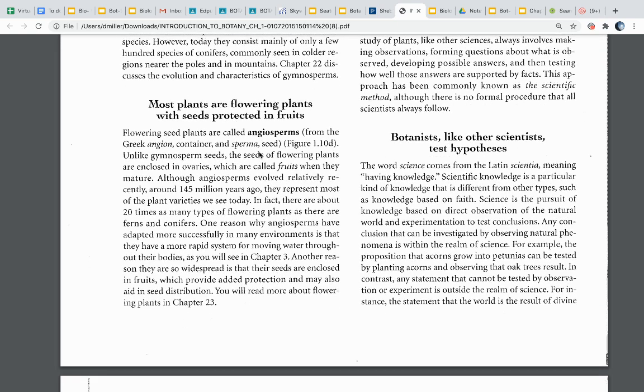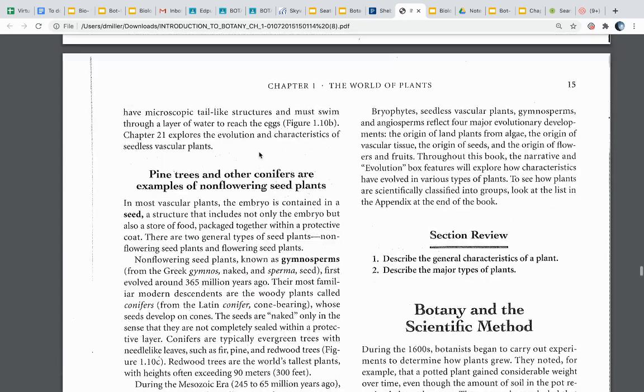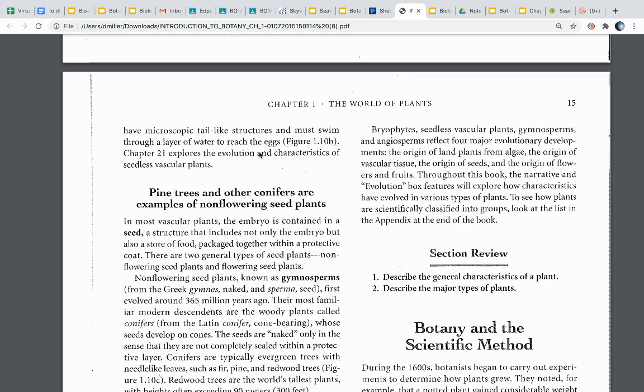Another reason they are so widespread is that their seeds are enclosed in fruits, which provide added protection and may also aid in seed distribution. You will read more about flowering plants in Chapter 23. Bryophytes, seedless vascular plants, gymnosperms, and angiosperms reflect four major evolutionary developments: the origin of land plants from algae, the origin of vascular tissue, the origin of seeds, and the origin of flowers and fruits.